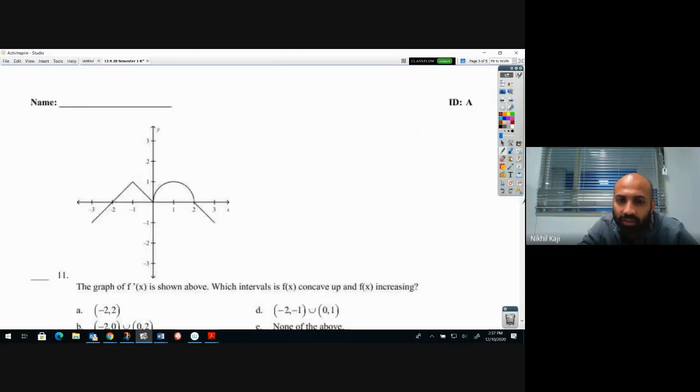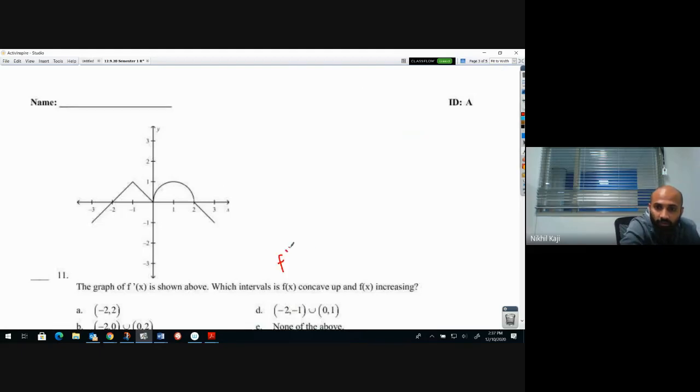All right. Going back to what we just recently did. The graph of f prime is shown above. When is f concave up and when is f increasing? So that's when f double prime is positive, and f increasing, that's when f prime is positive.